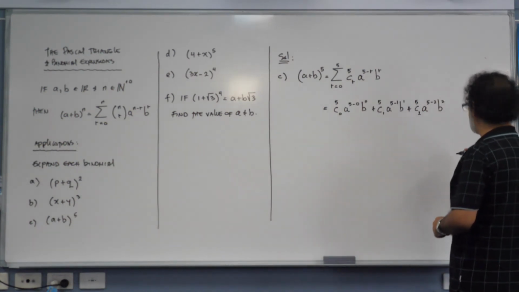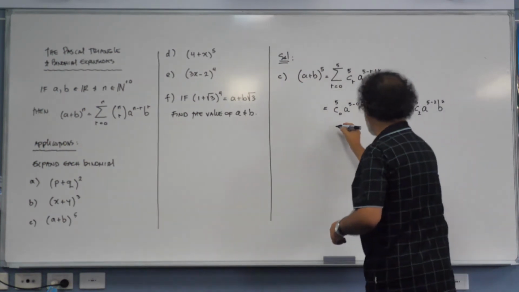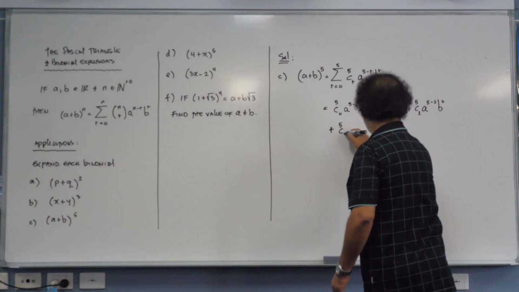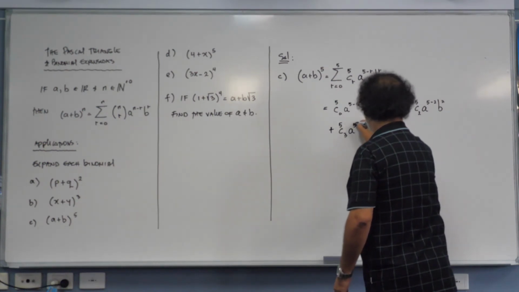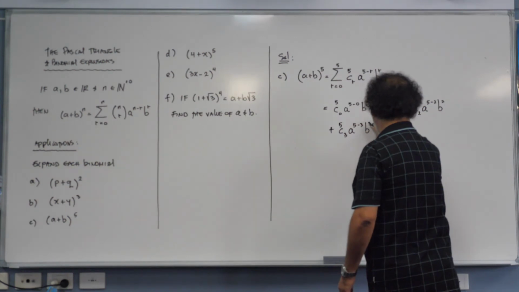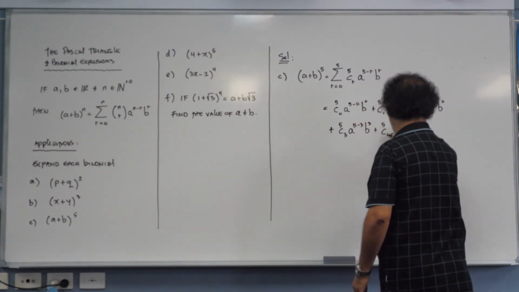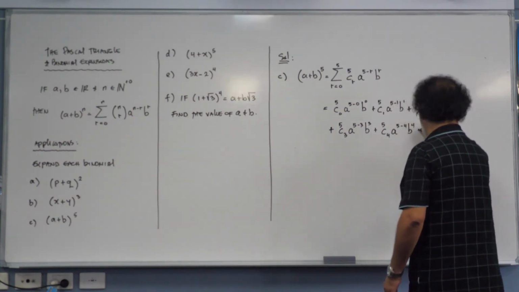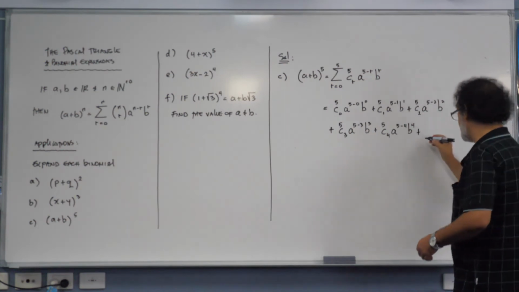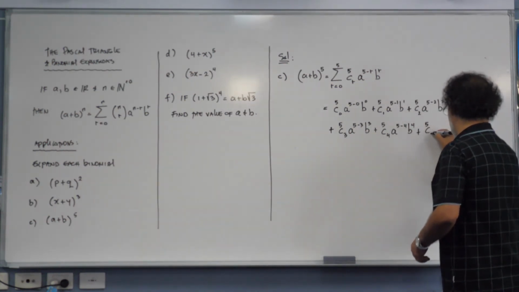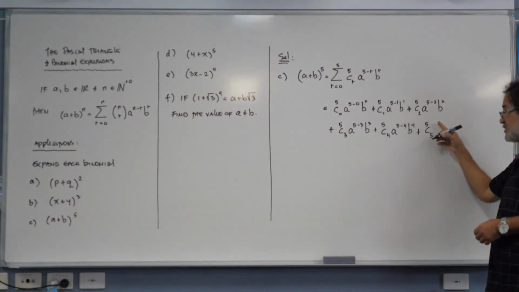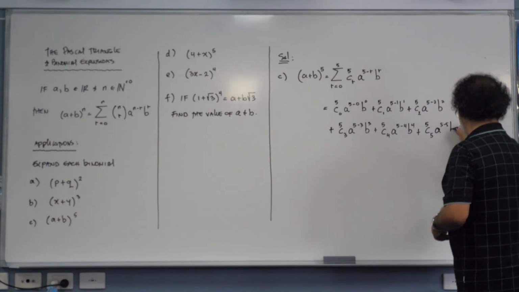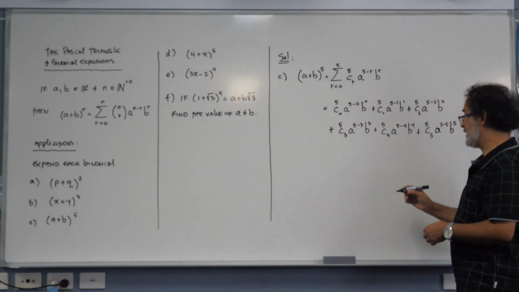All right, the next one, I'm going to continue here, plus 5C3, a to the power of 5 minus 3, and so on. And then when we stop, when we have the same number at the top and also at the bottom, we have a to the power of 5 minus 5, b to the power of 5.